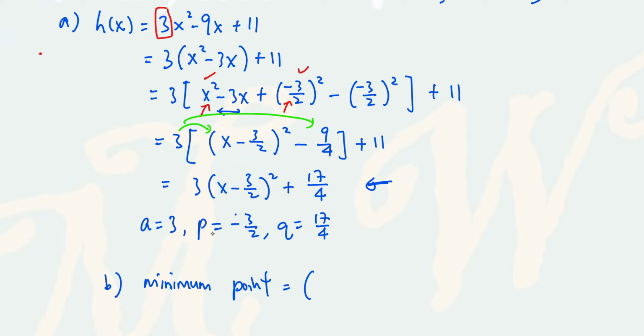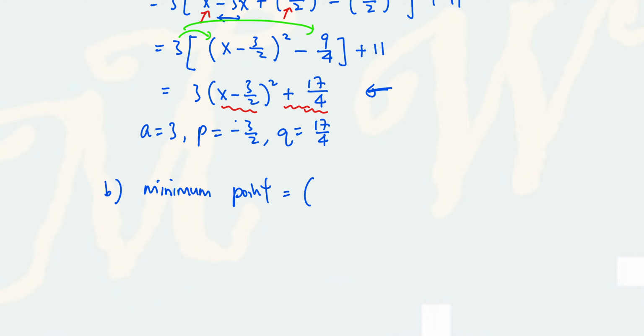Now, what are the coordinates? You just let this be 0. When x minus 3 over 2 is 0, your x will be 3 over 2. And the plus 17 over 4 will be the y coordinate of the minimum point. So here I will be getting 3 over 2 and 17 over 4.